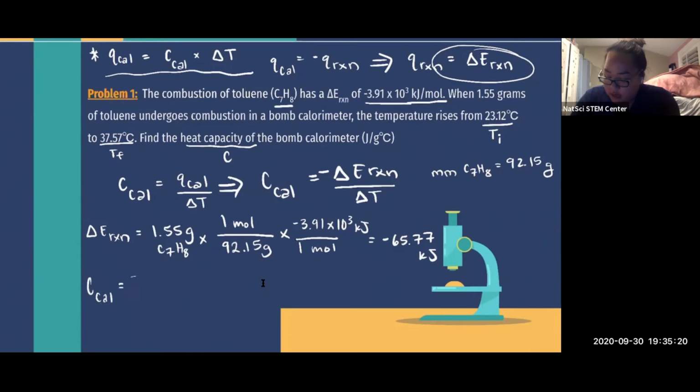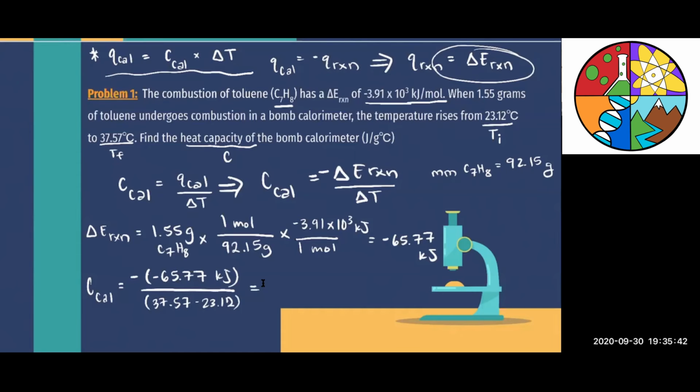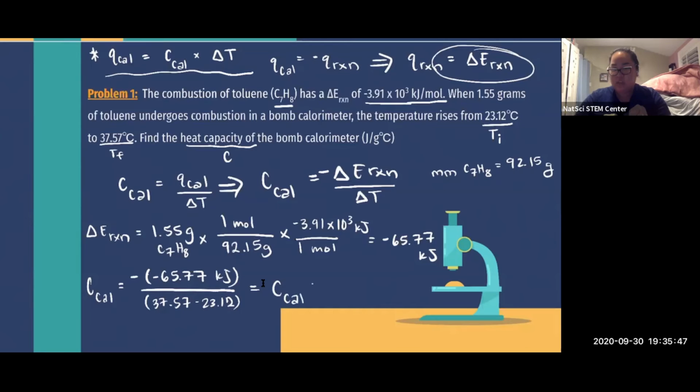So it's negative 65.77 kilojoules all over your change in temperature, 37.57 minus 23.12. Your specific heat should come out to be 4.55 kilojoules per degree Celsius.